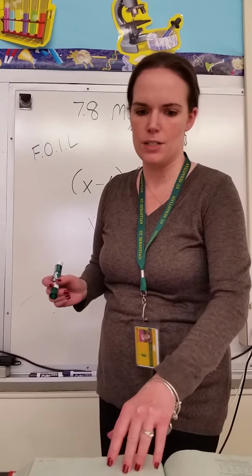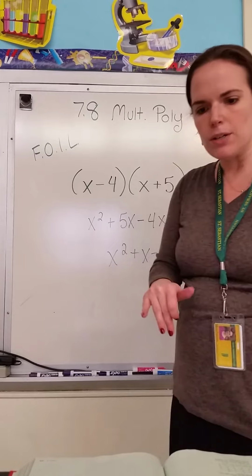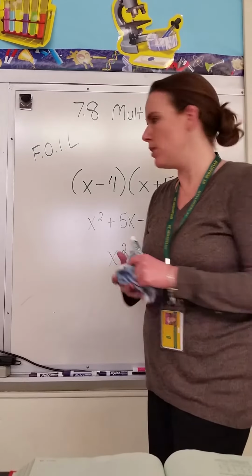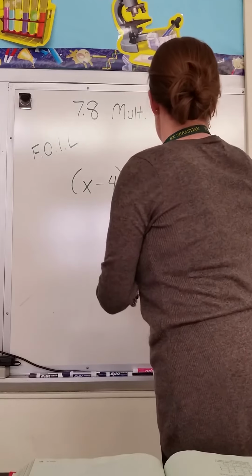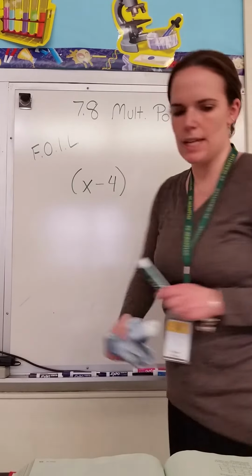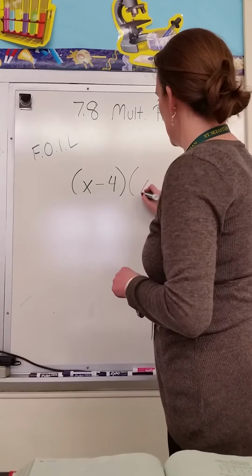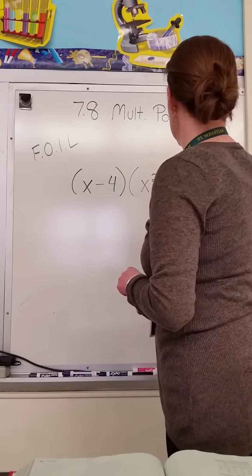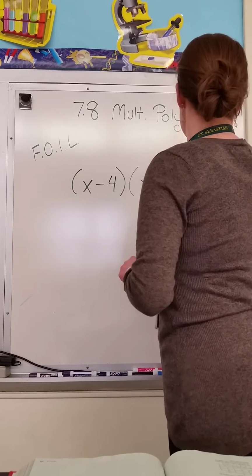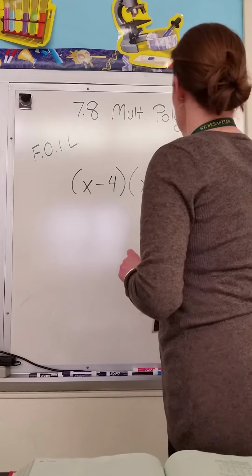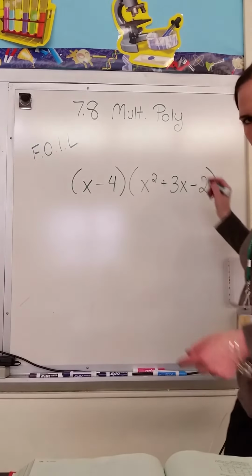This section does get into a binomial times a trinomial. So let's say you have this, but then your next number is a trinomial. So you have x squared plus 3x, and we'll say minus 2. Here's where you're basically going to be double distributing.